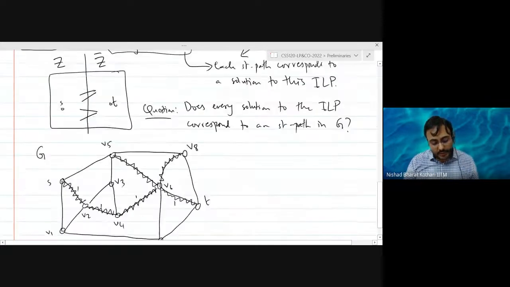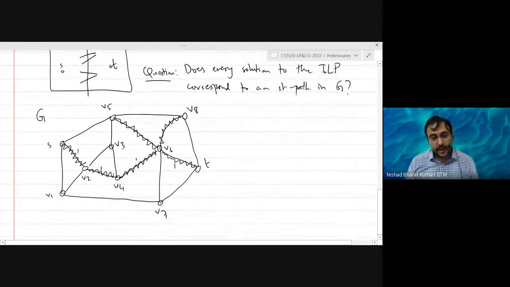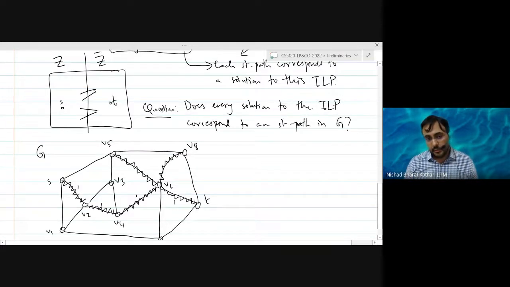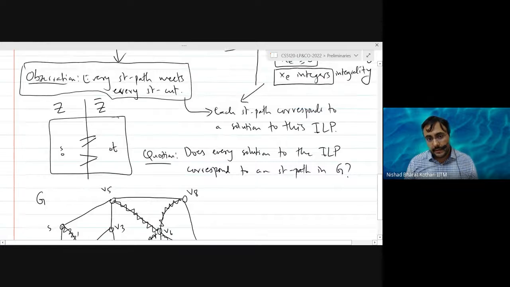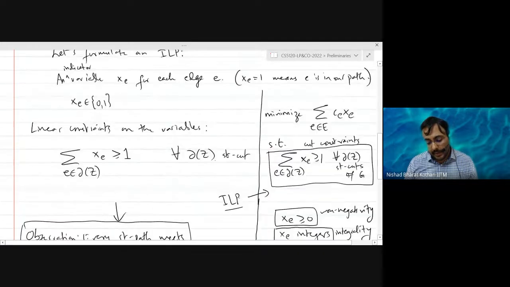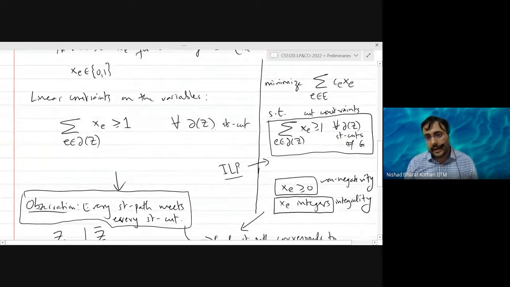And this solution, this is clearly not an ST path. This is more than an ST path. Right? It contains an ST path, but it has extra edges that can be thrown away. And that is what we can prove. What we can prove is that every solution to the integer linear program will contain an ST path, but it might contain more edges.